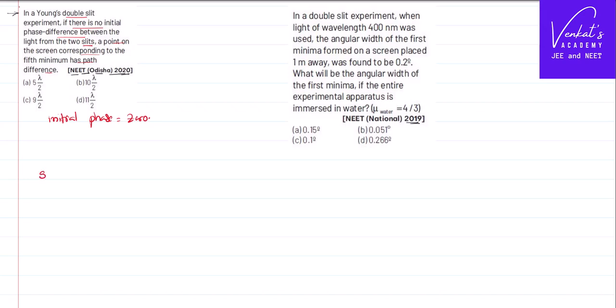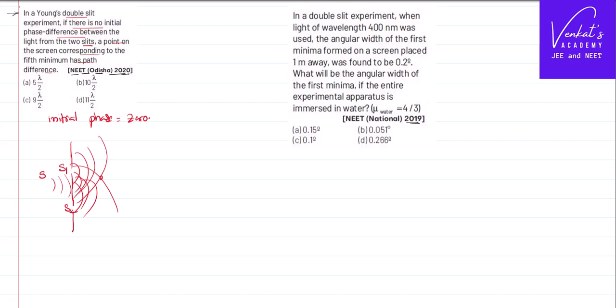There will be a source, then there will be Young's double slit experiment, double slits. Both the slits act like sources and waves will further go. These two waves will meet. Depending on how the two waves meet, there will be on the screen a brightness or a darkness, right?